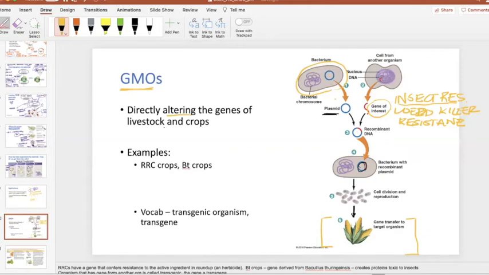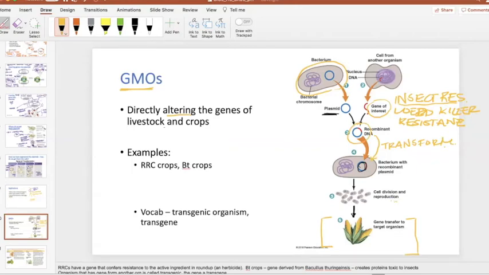So a very similar process is used where you find a gene of interest, you genetically engineer a recombinant DNA plasmid, you insert that plasmid into a bacteria via the process of bacterial transformation. Then you grow up these bacteria.